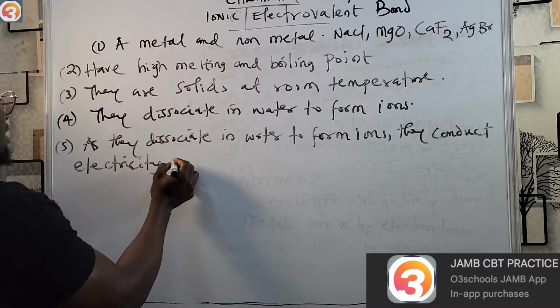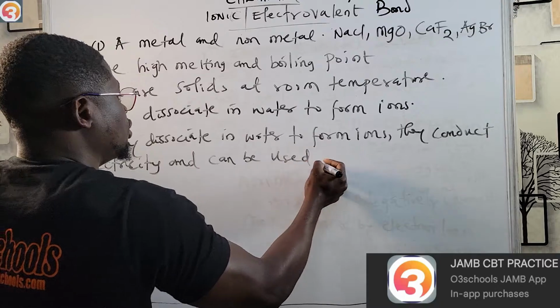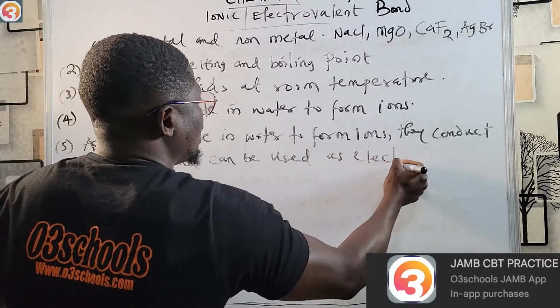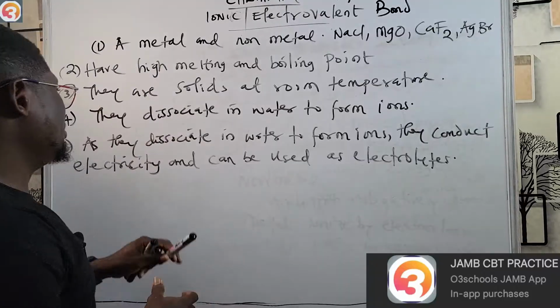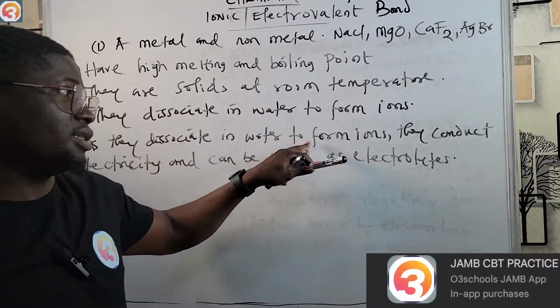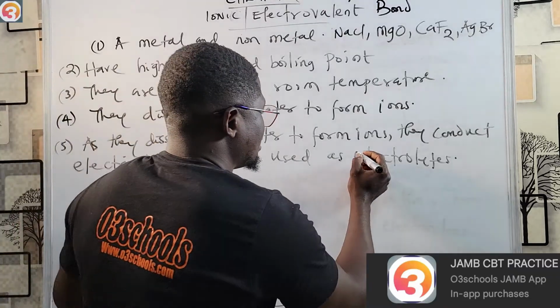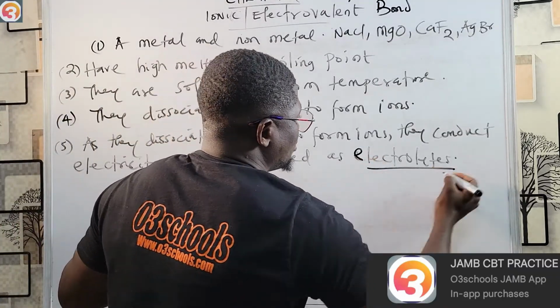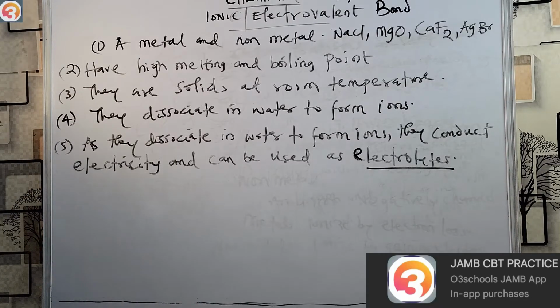They conduct electricity and can be used as electrolytes. Because they dissociate in water to form ions, they conduct electricity and can be used as electrolytes. Very, very necessary to know that.